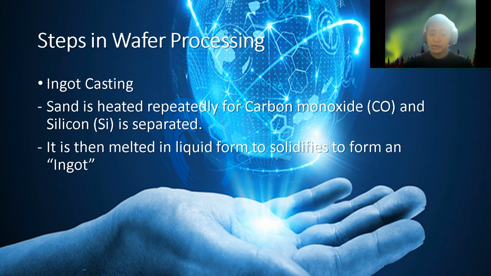High purity silicon then melts into a liquid and later solidifies into a single crystal solid, forming an ingot. Later on, a picture of a silicon ingot will be shown, which is the first step in semiconductor manufacturing. It is also good to note that the manufacturing precision of silicon ingots is very high, reaching the nano level.